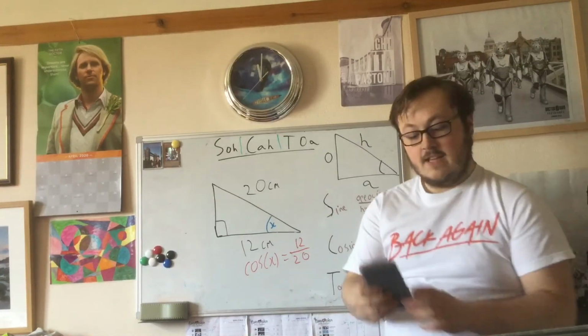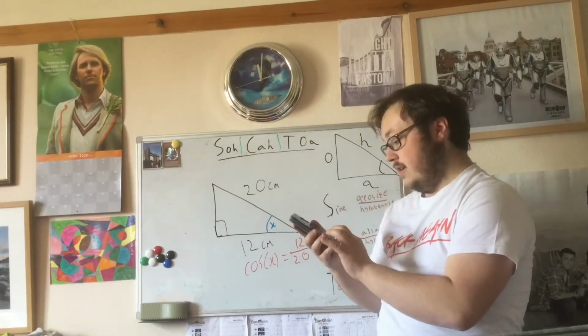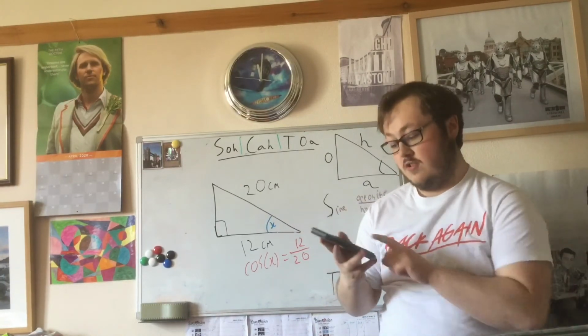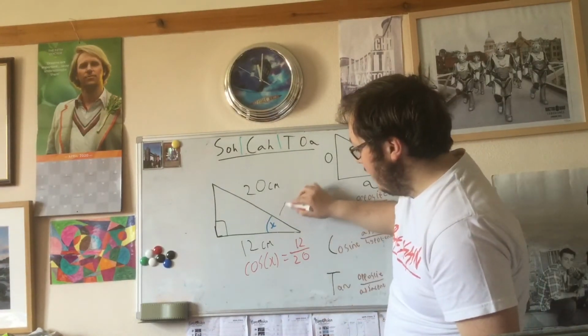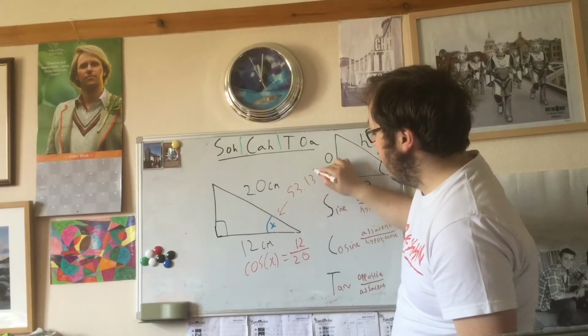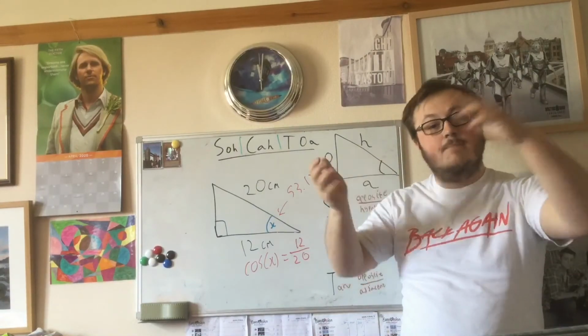So to find x, you go on your calculator, you press shift at the top, you press cos, then you enter 12 divided by 20, your adjacent divided by hypotenuse, and you will get your missing angle, which is 53.13 degrees. And it's that simple.